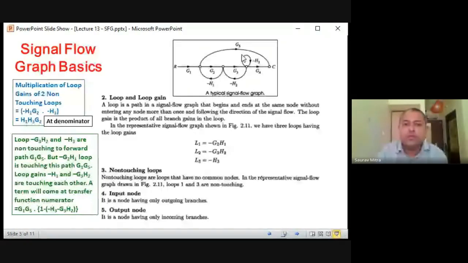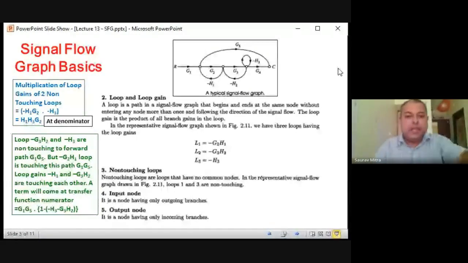Okay, so here there are two loops which this G1, G5 is not touching, hence their gain will come inside this bracket. So I will write this transfer function as G1, G2, G3, G4 plus G1, G5 multiplied by 1 plus H3 plus G3, H2, because all these minus signs will come out and they will get plus. So G1, G5 multiplied by this plus G1, G2, G3, G4 will be the numerator. So this numerical is easy.